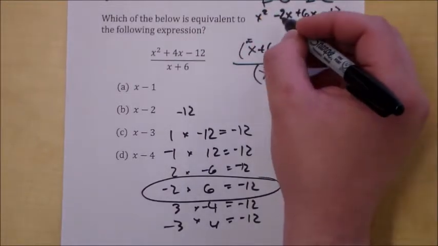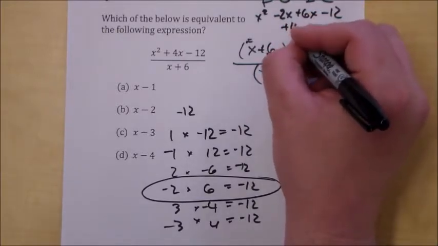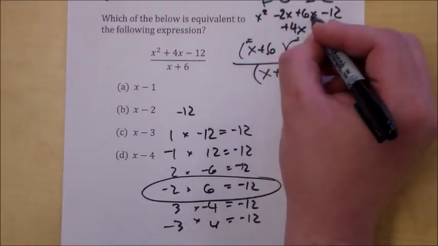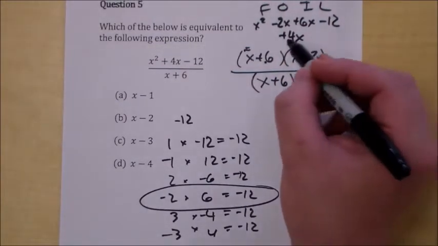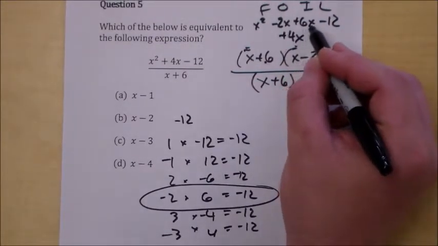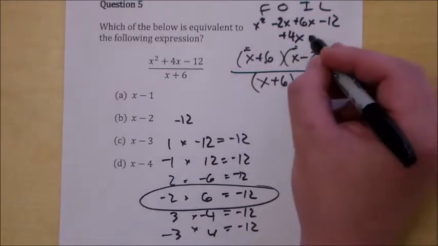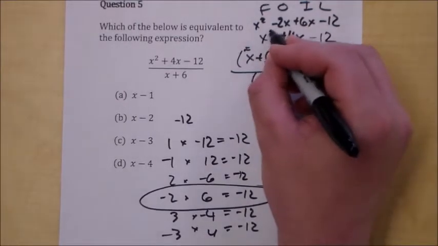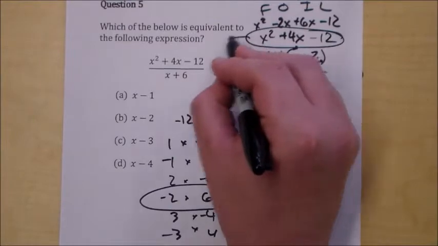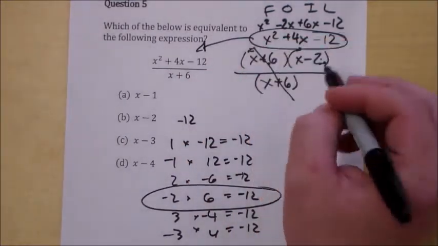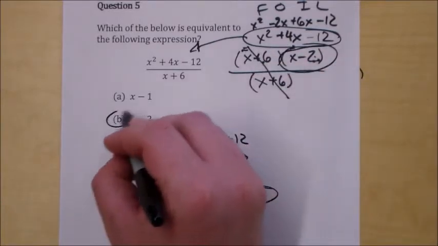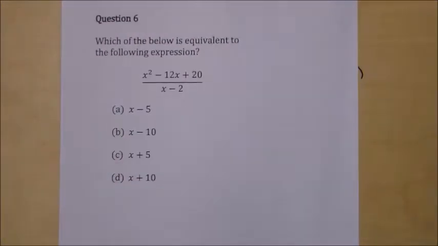We combine like terms, negative 2x plus 6x is indeed positive 4x. That makes sense, right? Minus 12 is there, x squared is there. That is the same term as we have there, so this makes sense. These terms cancel out. We're left with x minus 2, and we're good to go. Told you this was fun.